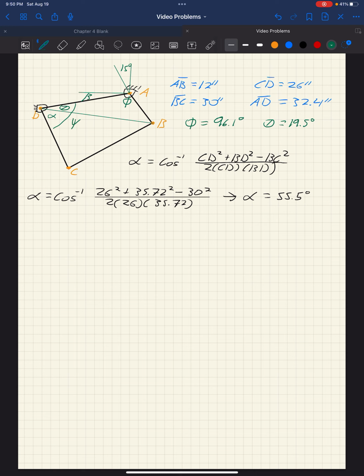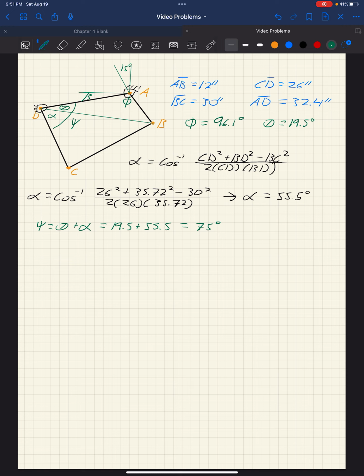So the overarching angle psi is equal to theta plus alpha, which is equal to 19.5 plus 55.5, which gives us 75 degrees.